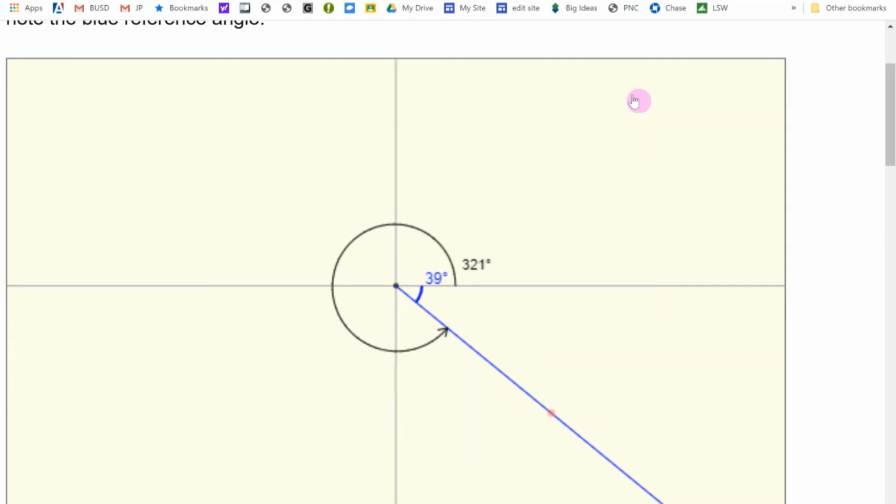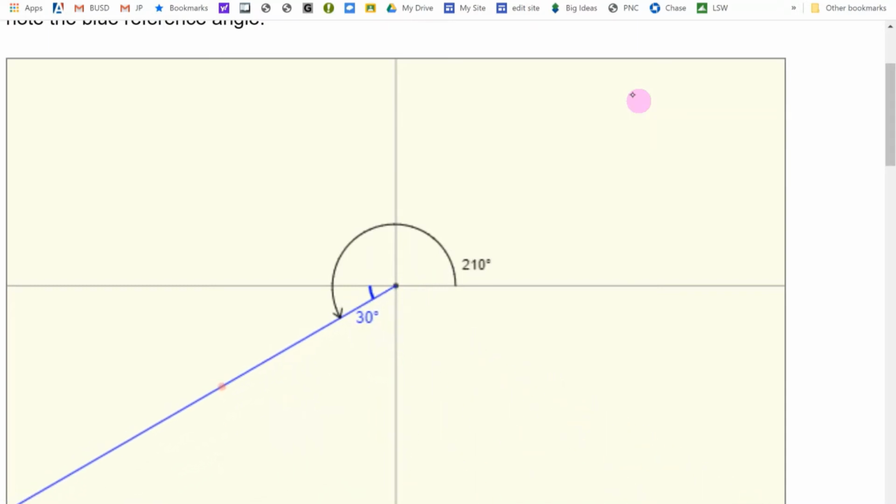Okay, the reason these are important, so let's say everywhere that the reference angle is 30, at 330, then the sine value is 1/2 in every single one. So the reference angle here is 30. Sine of 30 is 1/2. So sine of 330 is also 1/2. It just happens to be negative because it's going downward. Let's look for another 30-degree reference angle right here at 210.